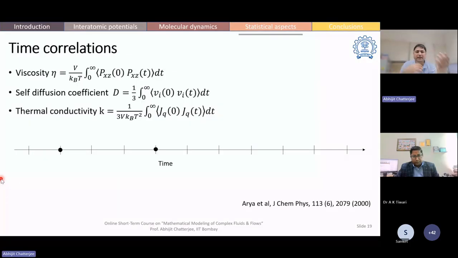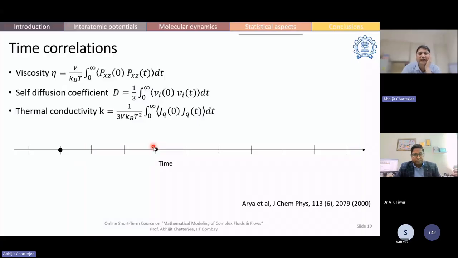Finally, as I mentioned in the beginning, when it comes to transport properties like viscosity or diffusivity or thermal conductivity, the common approach requires the calculation of autocorrelation functions or time correlation functions, where you have a data measurement at time 0 and at time t, and you have to integrate over this time t. This kind of quantity has to be evaluated. And so typically we need to have two data points separated by this time t.